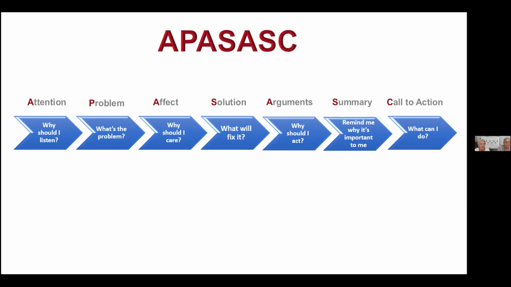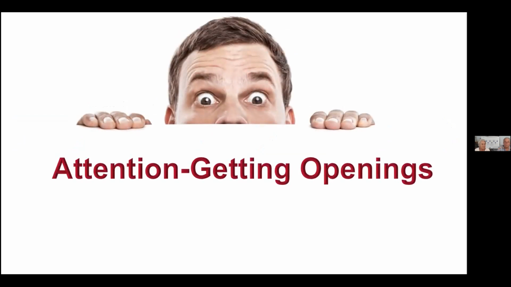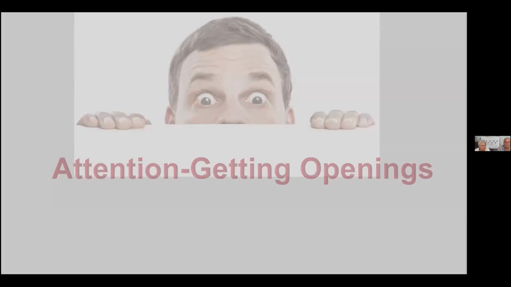So you need to start with an opening that's going to work, don't you, Adrian? Yep. And we'd like to give you a few examples of some great openings that you might be able to use as part of your persuasive speech. Openings must get the audience's attention. One way that you can get the audience's attention is with curiosity.